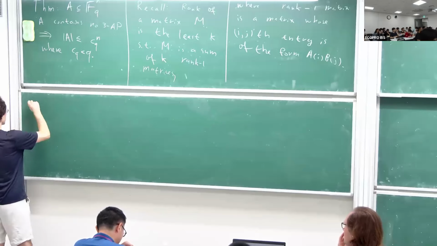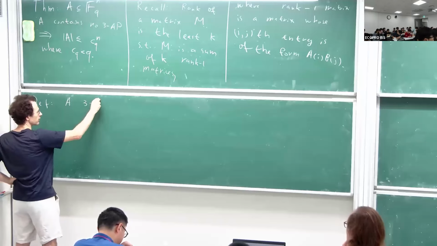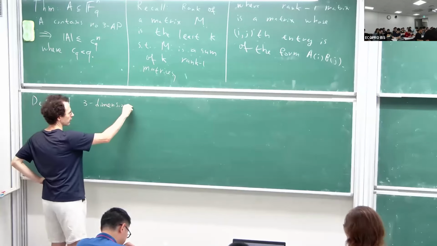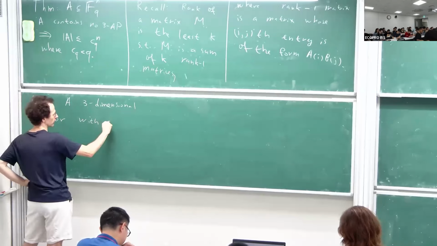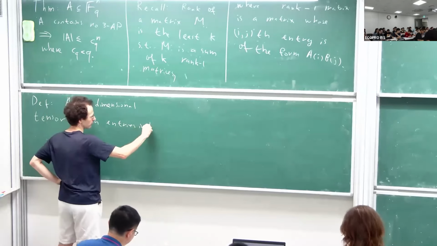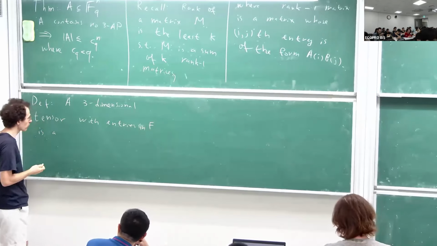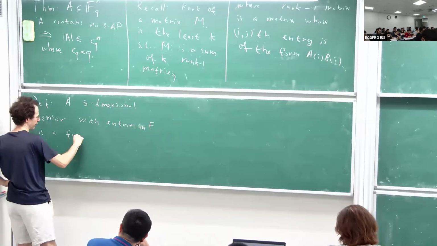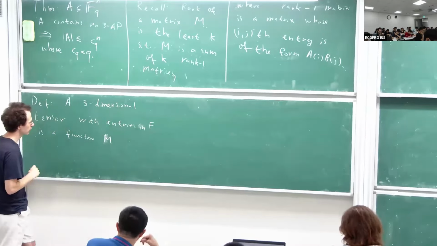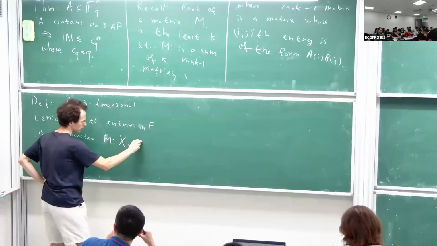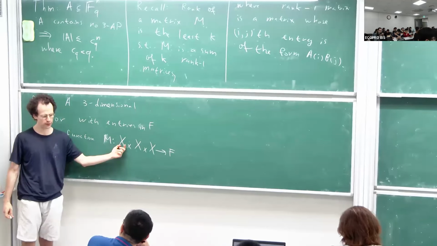Okay, so let's define a 3-dimensional tensor with entries in some field F. Formally speaking, it is just a function M from X cubed to F. We use X as our index set.